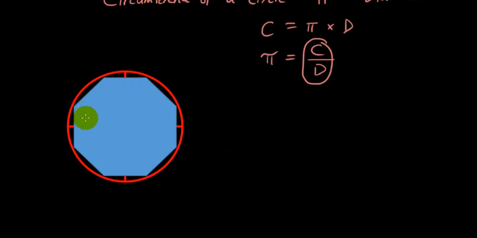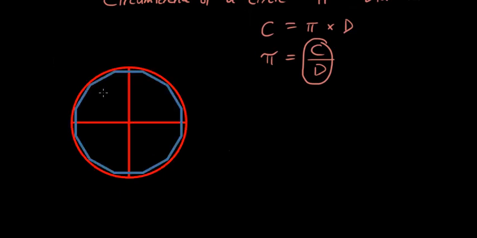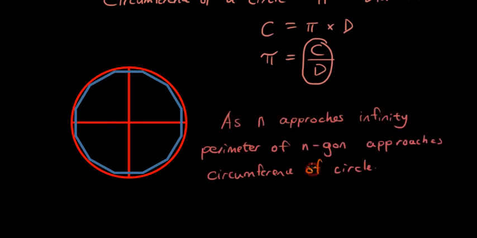So let's try a polygon with 12 sides. Now with a 12-sided shape, a dodecagon, the perimeter of the dodecagon is becoming closer and closer to the perimeter of the circle. So let us write this down as a sentence.